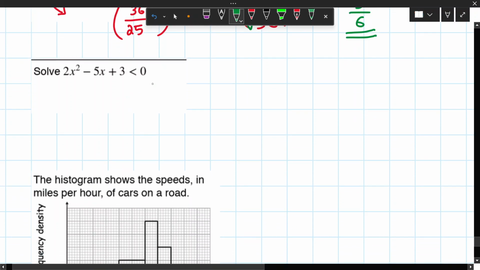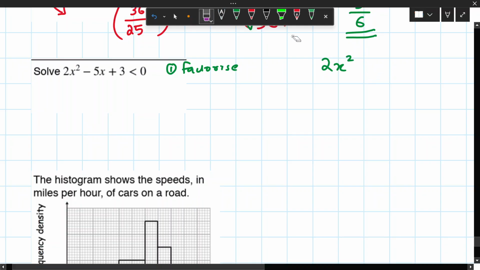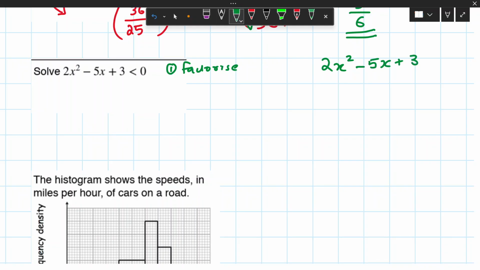Next one, we've got a quadratic inequality. So the first thing that you do is factorize this. Just like your normal quadratic equation, let's first try to factorize this. So 2x squared minus 5x plus 3.